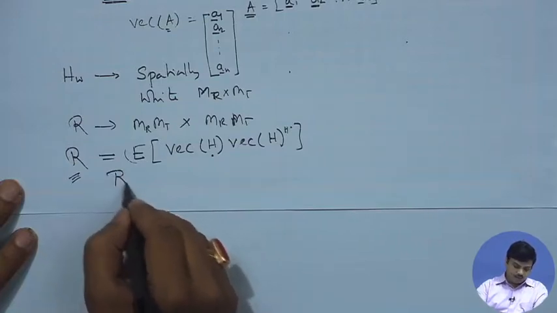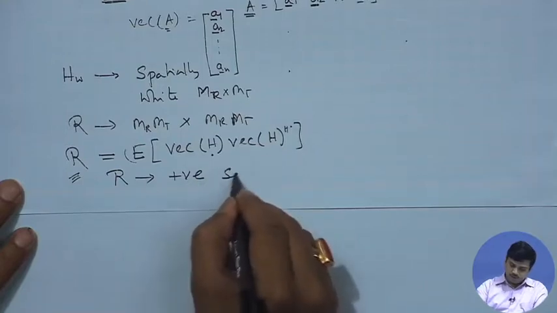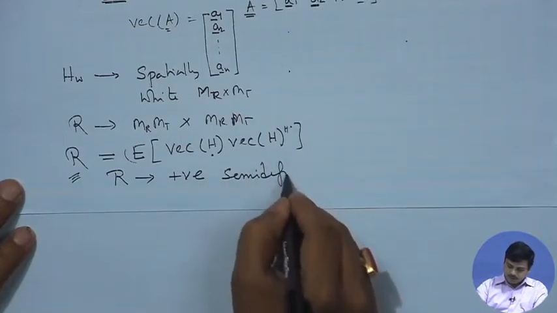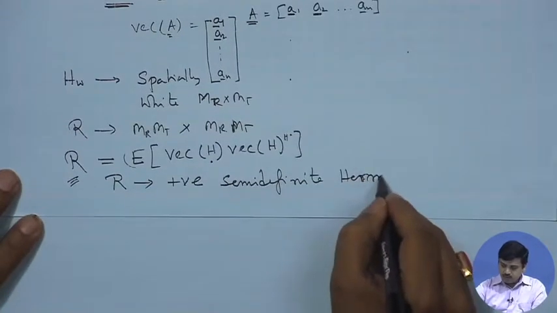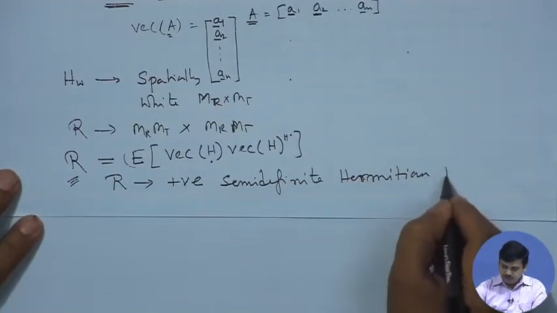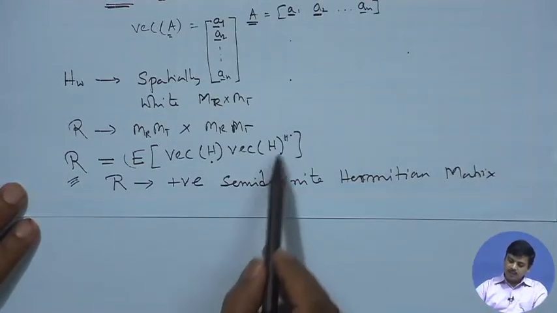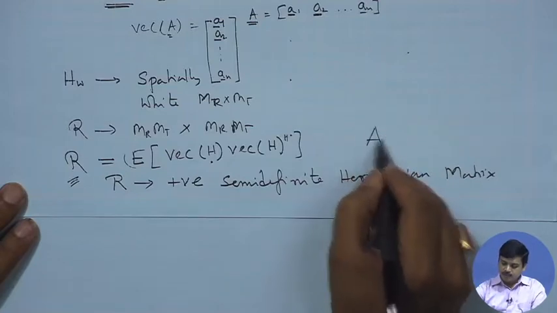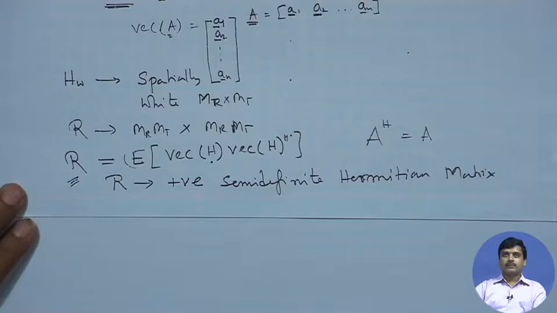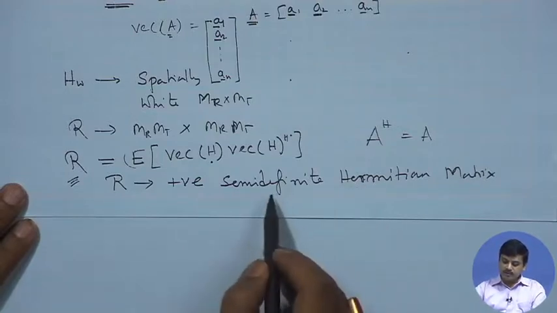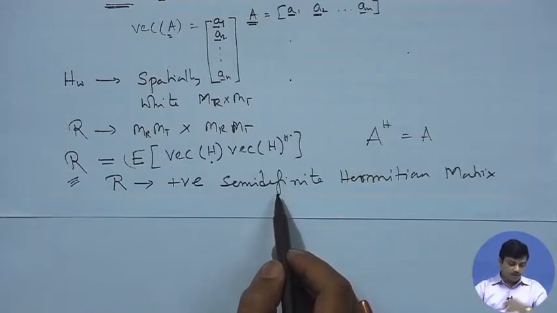So, R, the covariance matrix, is a positive semi-definite Hermitian matrix. What does it mean? It means that it is Hermitian, that is, the Hermitian of A would be equal to A. Positive semi-definite would mean that all the eigenvalues are greater than or equal to 0.